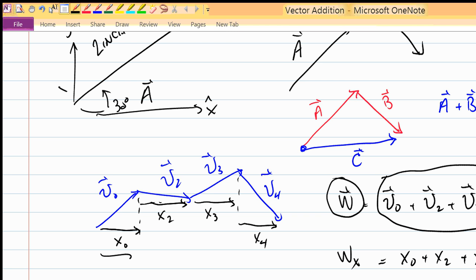So there you go. Now, you could say to yourself, Dr. Pickett, I know how to count. You started with a 0, you went to a 2, 3, what happened to 1? There is a very important vector which I neglected to draw, V1, but it's a vector which doesn't take you anywhere. V1 is the 0 vector. It has 0 in its x component, 0 in its y component, 0 in its z component.